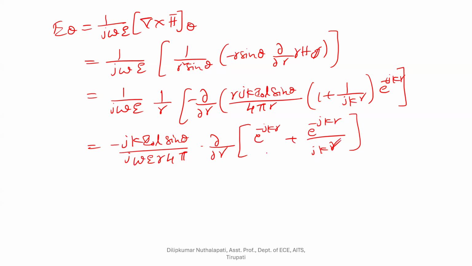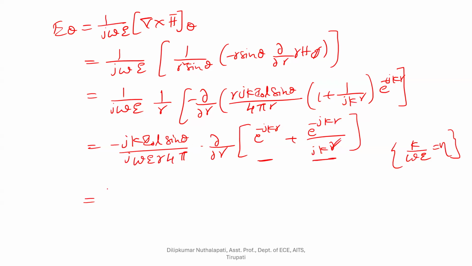So here the first term is just like e power x differentiation. Here we have the differentiation with the u by v rule. So you can apply differentiation with the denominator v square, and the numerator has v u dash minus u v dash. So after simplifying this differential term, we can get the final term with replacing k, omega, and epsilon as eta, that is intrinsic impedance, k by omega epsilon is equal to eta.